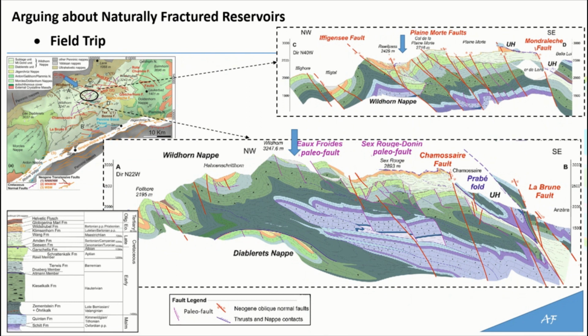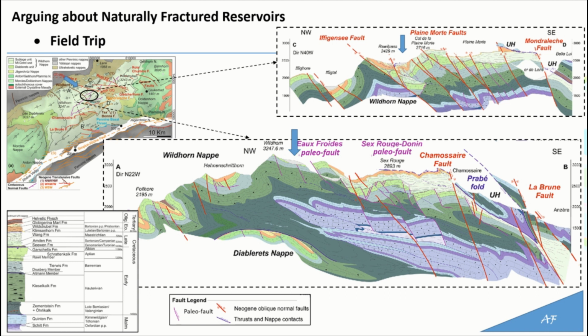To better understand the geological context, let's take a look at 2 northwest-southeast cross-sections, edging westward and eastward our area of interest. They well illustrate the structural complexity and the role of the different fault sets: the paleo-sedimentary Cretaceous faults, the thrusts confining the different nappes, and the Neogene oblique normal faults that are related to the progressive exhumation of the nappe stack and their large scale doming and folding.